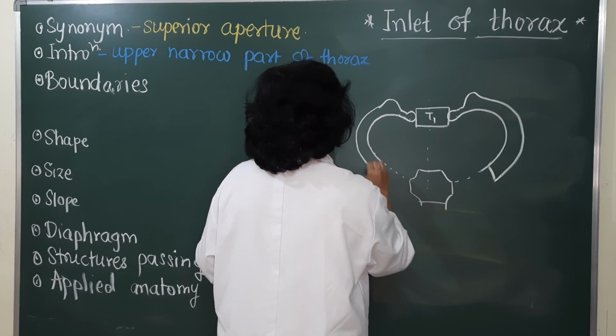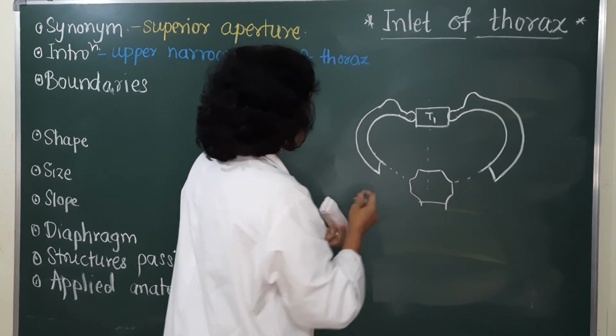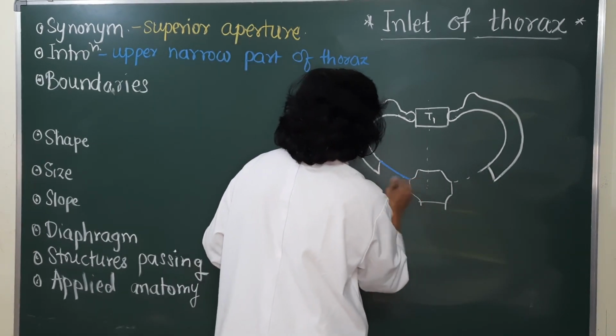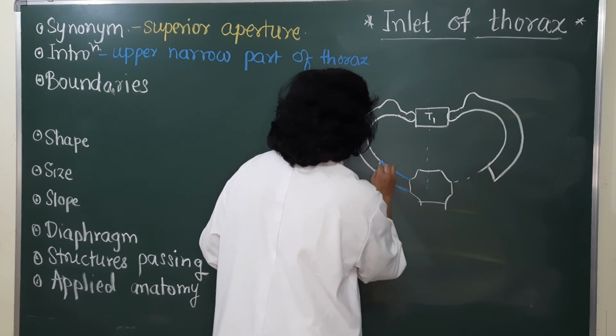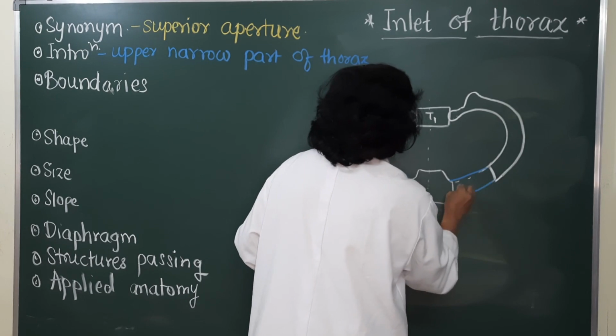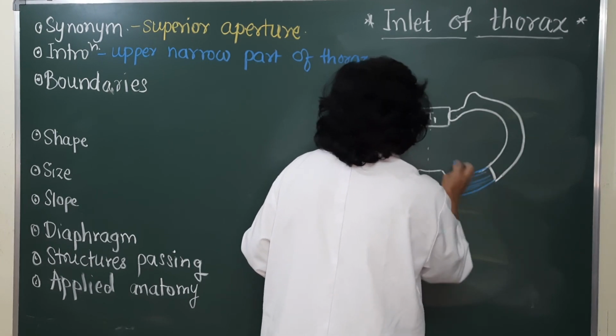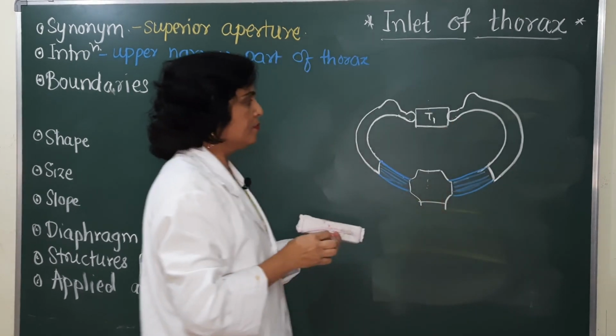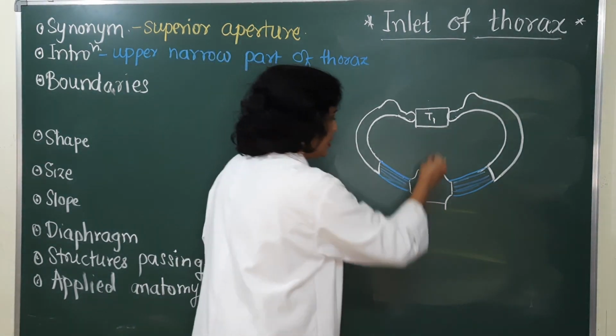Now the first rib articulates with the manubrium sterni through its costal cartilage. So this blue color is the costal cartilage of the first rib. That's how you will be drawing the inlet.